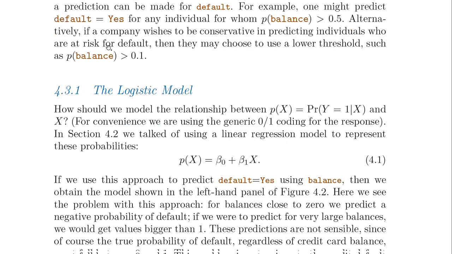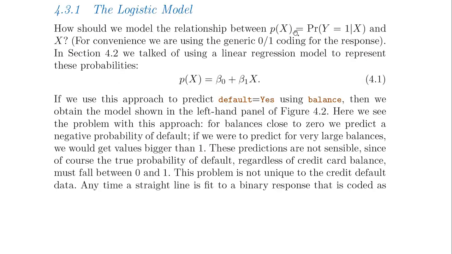How should we model the relationship for p of X? That's just notation. Whenever we say lowercase p of X, it simply means the probability that the individual defaults, y equals 1, where 0 is does not default and 1 is defaults, given a value of X. Just keep thinking of X as the balance.